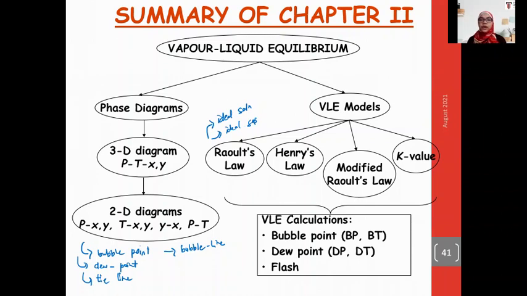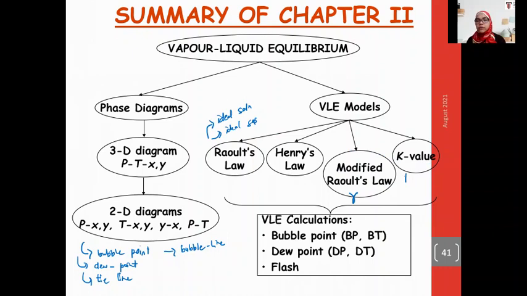So we have Henry's law, where if we have a concentrated species, we can ignore the other species, and the modified Raoult's law modifies it from having the ideal solution to introducing the activity coefficient into the system.